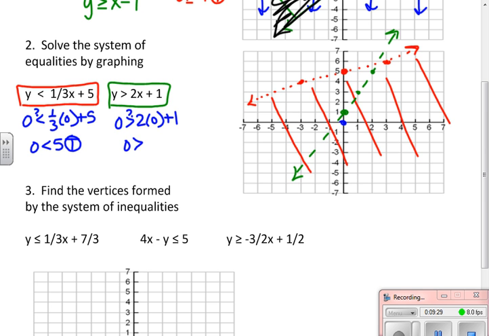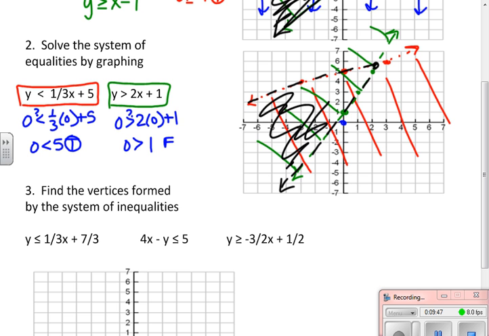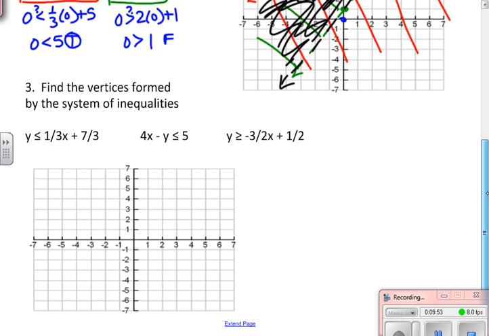Is 0 greater than 1? That's false. So I shade the side opposite 0, 0. And so again, a dashed boundary where they overlap, and I darken this area in right here.